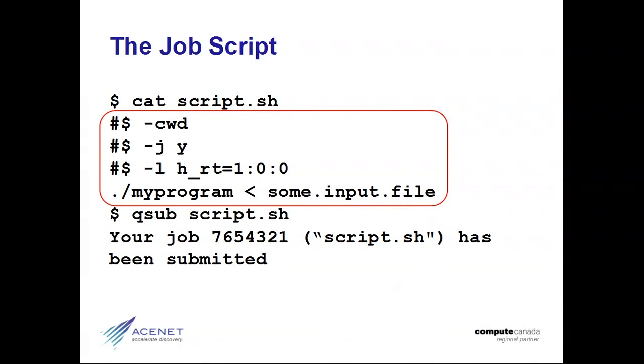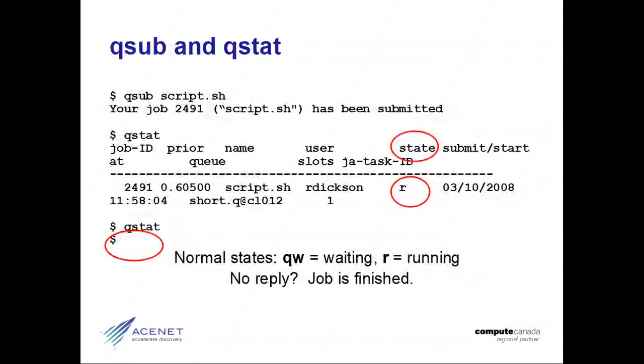So once you've typed qsub, then you want to know how your job is doing. The next command you need is qstat, Q-S-T-A-T. You type that, and if you happen to have your screen set narrow, then you may find that things come out a bit of a jumble like they're shown on this slide.